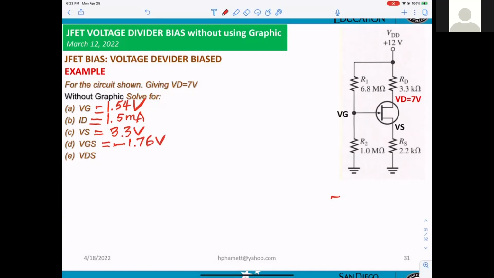Mr. Pham, is there a way you can write the formula for us, please? For which one? For both C and D? C and D. Okay.